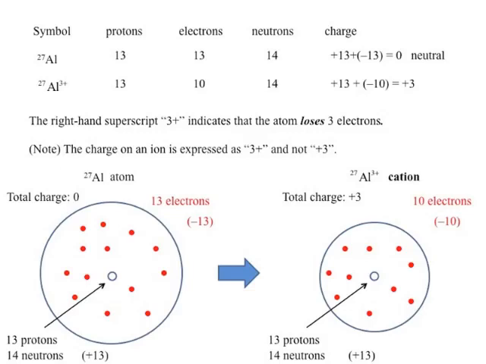Let's look at the cations. Aluminum 3+. The 3+ in the right-hand superscript indicates that the atom loses 3 electrons.